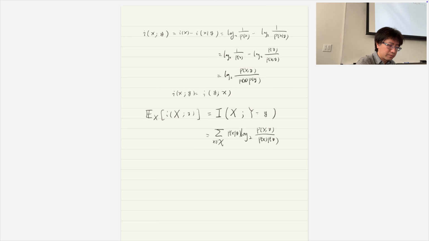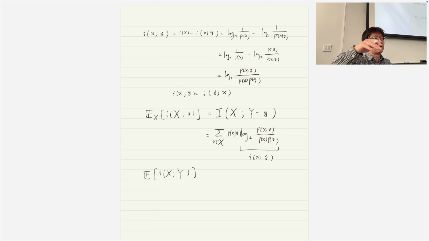Remember this guy is nothing but I(x; y). Similar to what we did before for the conditional entropy, we can take another expectation over Y here. So if we take another total expectation of I(X; Y), now both X and Y are capital.